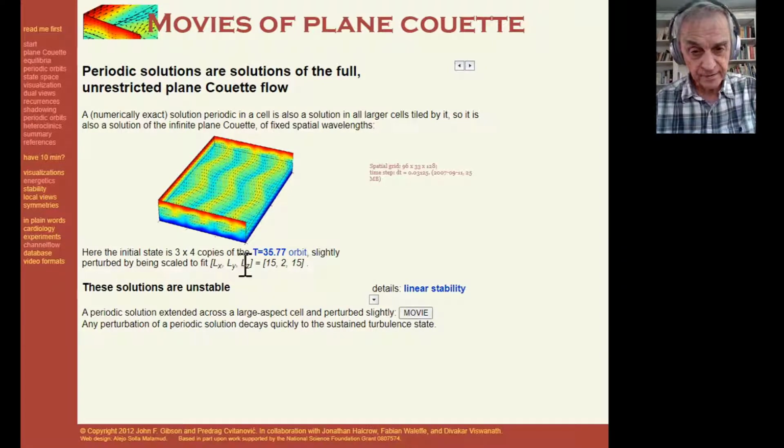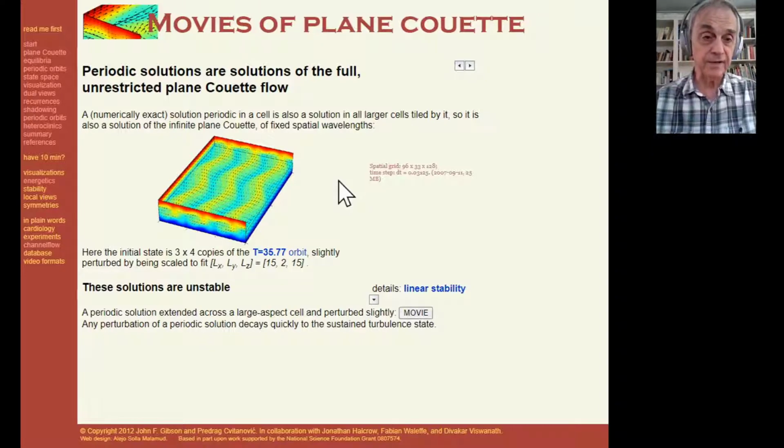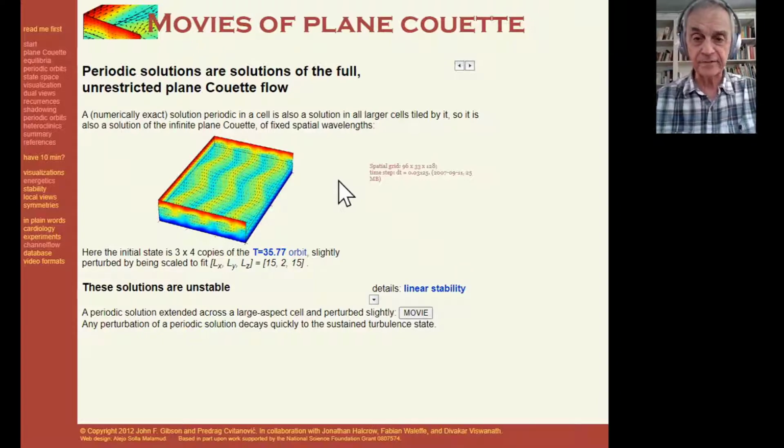They tile the volume of the cell in a regular way, which is not what you see in experiment. But then the periodic orbit theory is the thing that gives you connection between such tilings and computing expectation values.